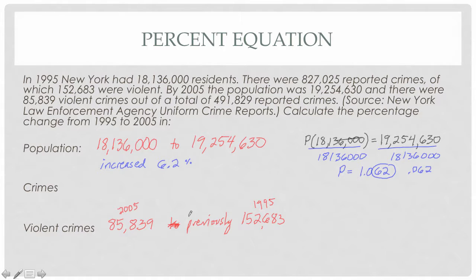So we want to find what percentage decreased. Again, we're going to do the same sort of equation, right? My percentage I'm trying to find, we started with 152,683, and after my percentage changed, the result was we went down to 85,839.